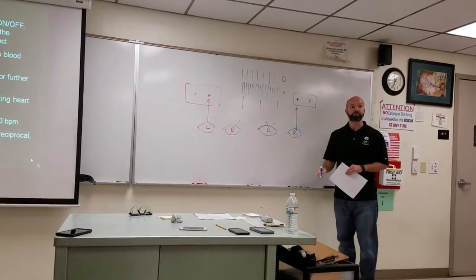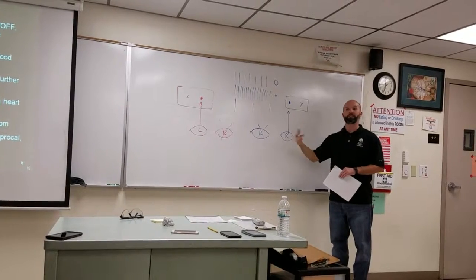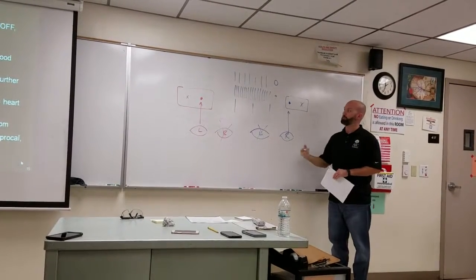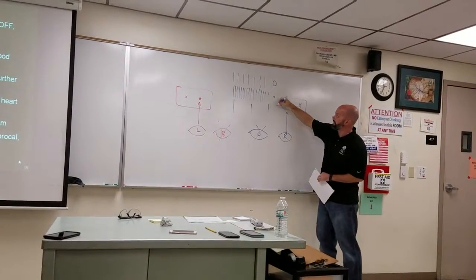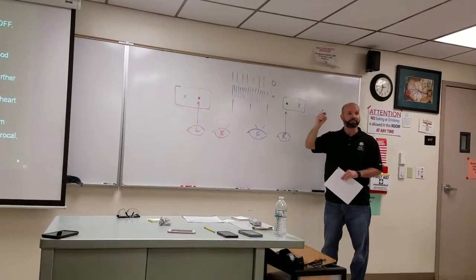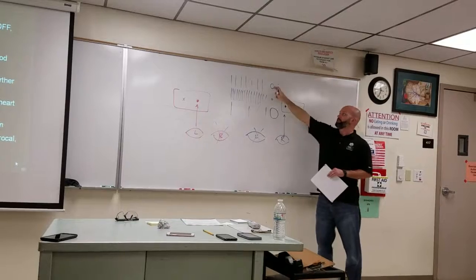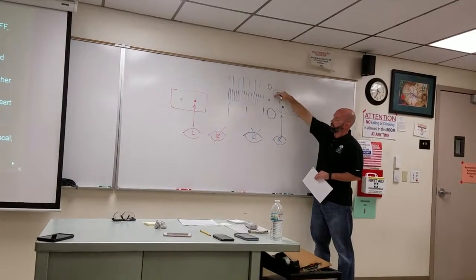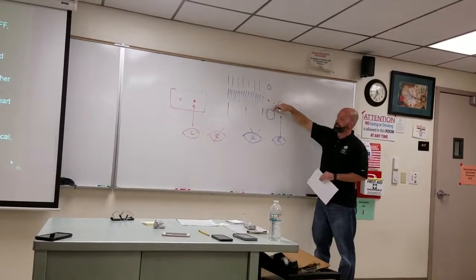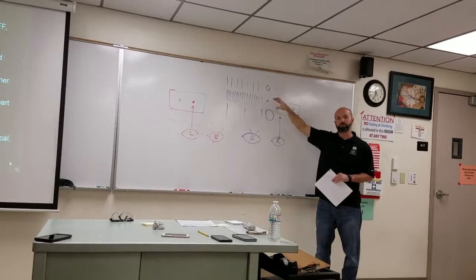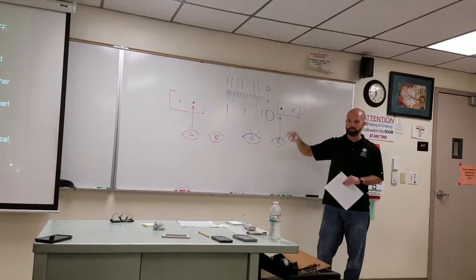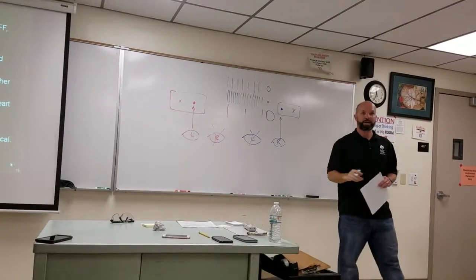So the frequency goes way down. Start releasing a lot less norepi, less stimulation of those alpha receptors, and that allows the smooth muscle to relax and the vessel dilates. But we have to start in the middle. And then from there, we can achieve full constriction or full dilation. Because remember, we can only use the sympathetic nervous system to control the blood vessels. They don't have dual innervation.